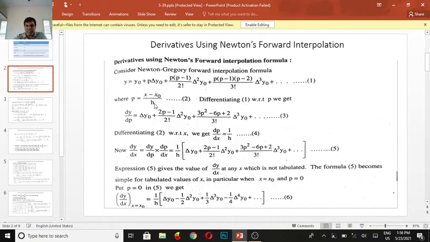Again, if we differentiate 2 with respect to x, we get dp by dx equal to 1 by h.